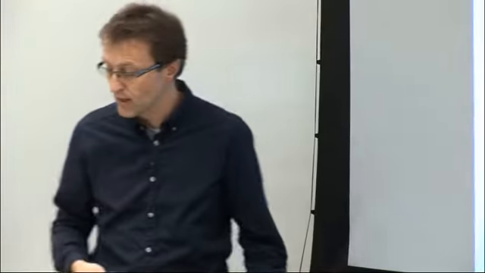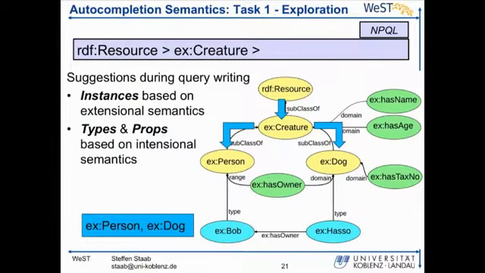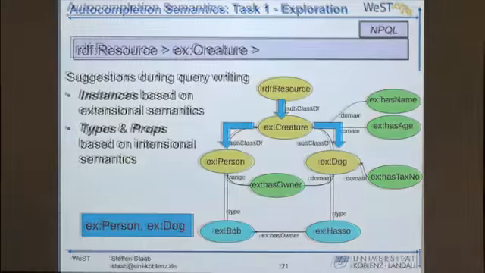Okay? So here, obviously, when we look for a creature, we may then look at, well, what are the subclasses of that creature, and suggest both dog and person would be appropriate subclasses, and these are suggested because these are the direct subclasses to the programmer who writes his code to complete his query.